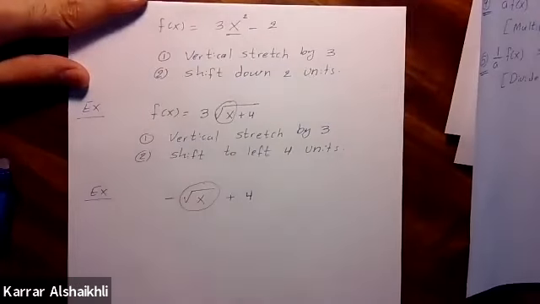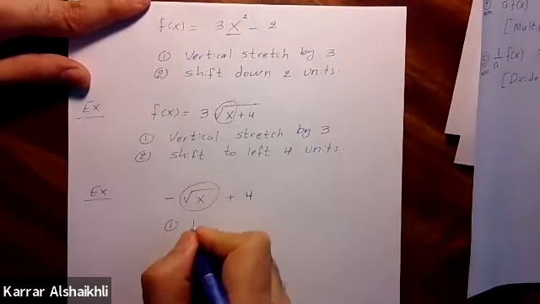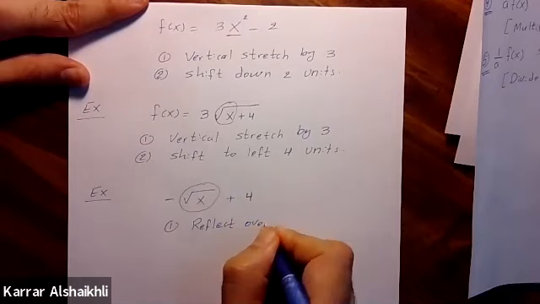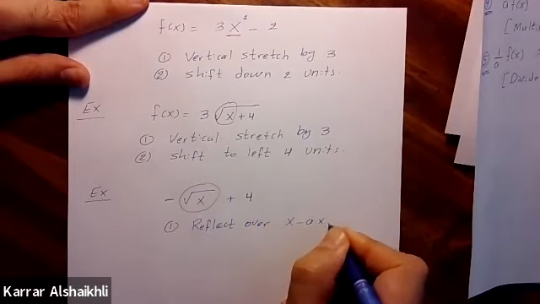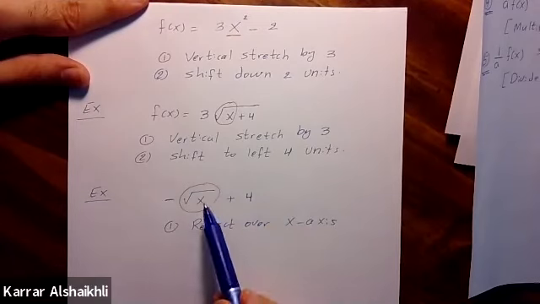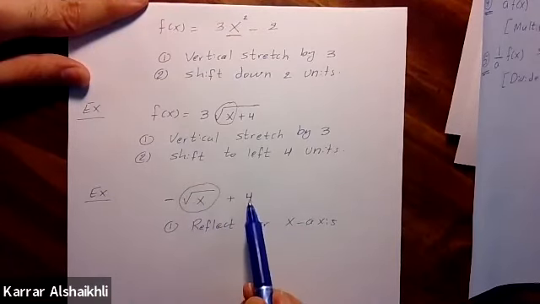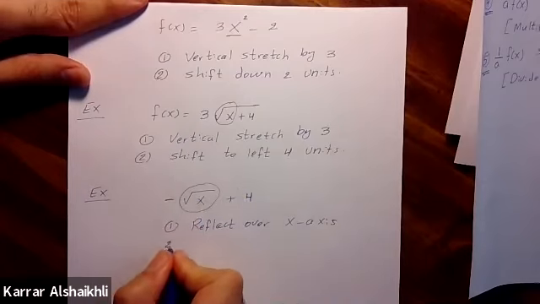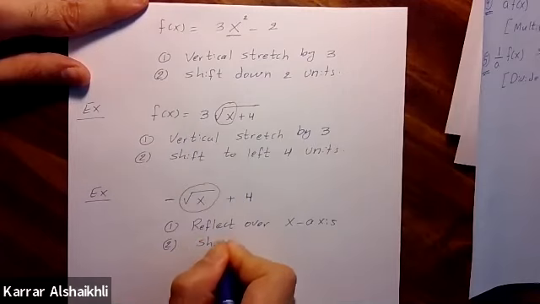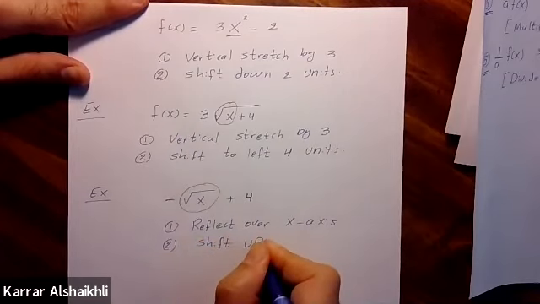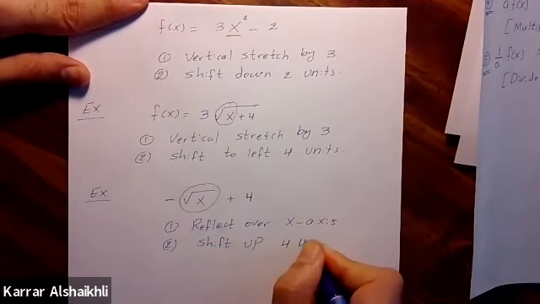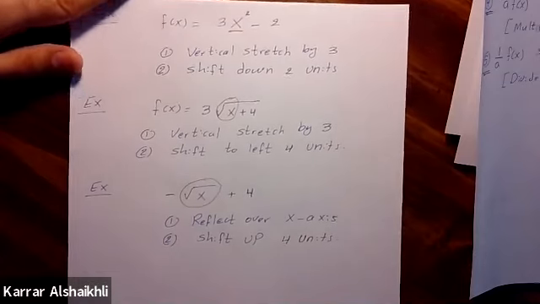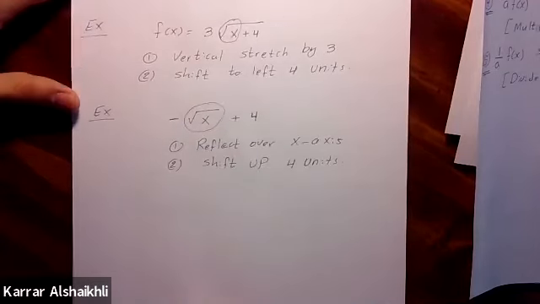So the first technique I'm going to write down, reflect over x-axis. Now, plus 4 outside the parent function. So this one is going to be shift up 4 units. Done with this one.